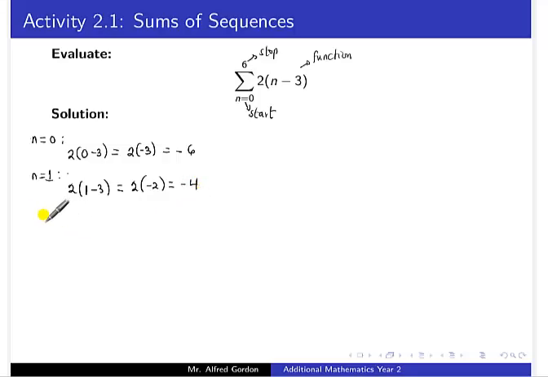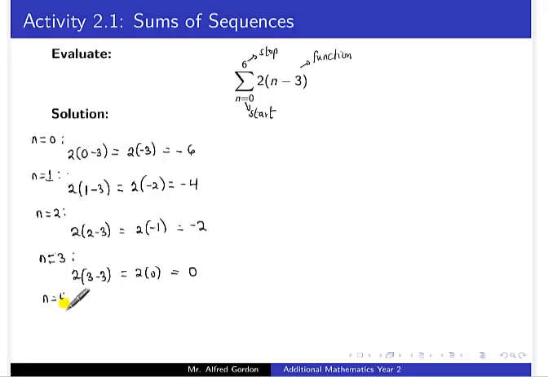Let's go ahead when n is equal to 2. So in our function, we have 2(2 - 3), which reduces to 2 multiplying negative 1, and this becomes negative 2. Now, stay with me here. We continue when n is 3. We have 2(3 - 3), which simplifies to 2 multiplying 0, and that gives us 0.